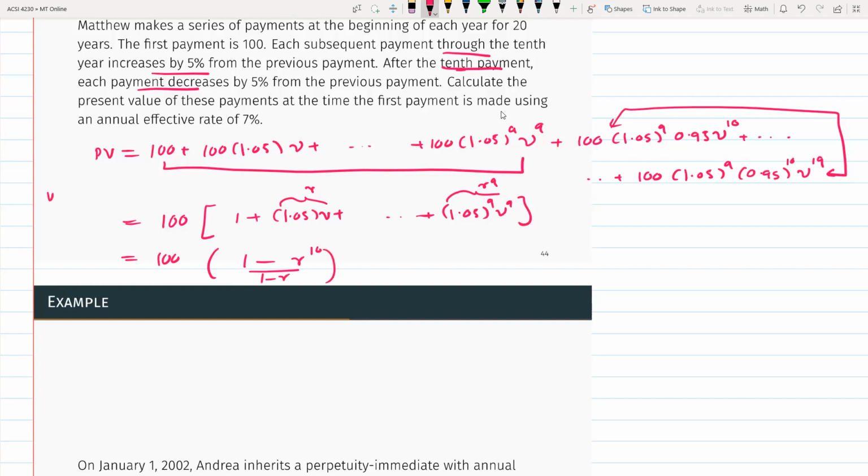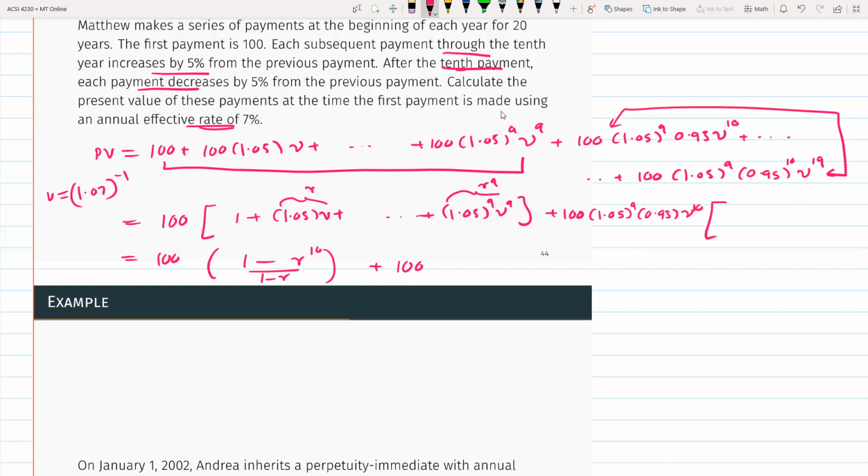By the way, what's v? v is 1.07 to the power negative 1, because that's the rate we are using for discounting purposes. Now for the second part, I'm going to take the common factor 100 times 1.05 to the 9. Then 0.95 is also a common factor, and v to the 10 is also a common factor.